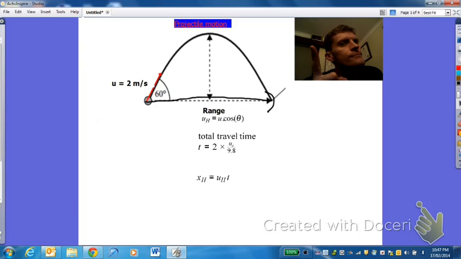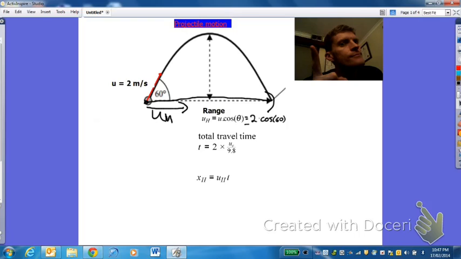Now, in doing so, we need to draw in a few things. We need to know what is our initial horizontal velocity, because that's how fast it's going to travel horizontally from the zero. Initial velocity in the horizontal direction. Okay, so let's work that out first. 2 meters per second cos of 60.